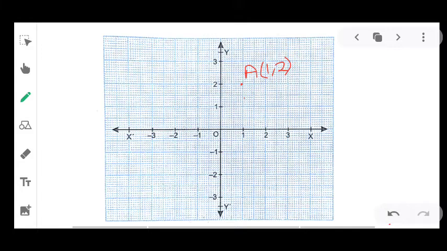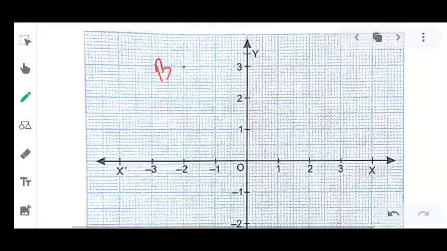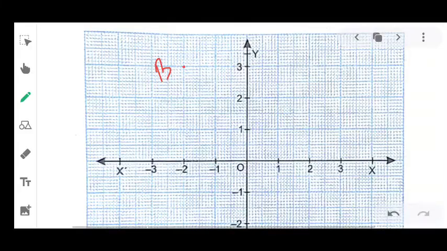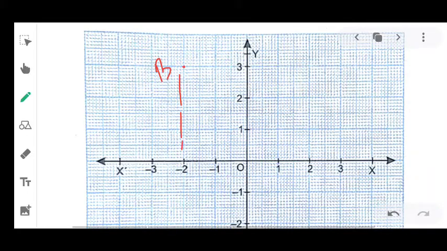Like that, if you take another point here, this is the point B. Now the coordinate of this point will be, first you have to write down the x coordinate. So draw a line to the x-axis.